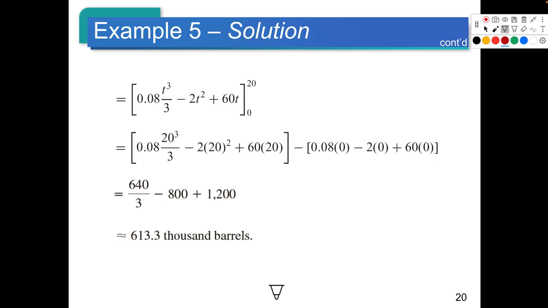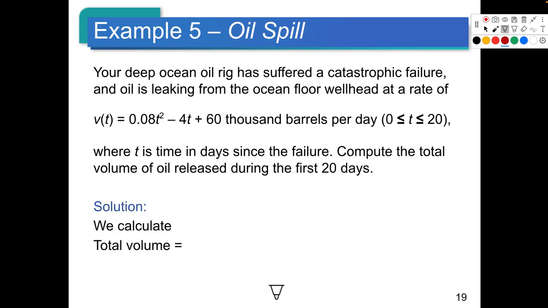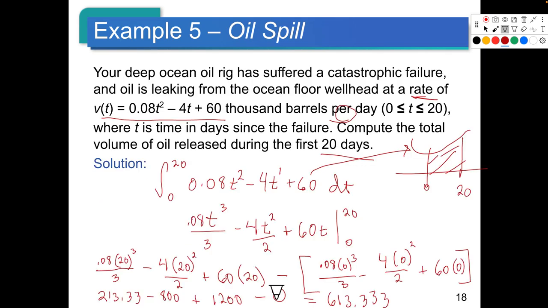Where did you get the 640 over 3 from? Because I remember that. I got 213, which I thought is what you got. Yeah, so I got 213.33, but then this gave us 800, and then this gave us 1200. Oh, then I just added this all wrong. Actually, I got it after you divided by 3 this week.